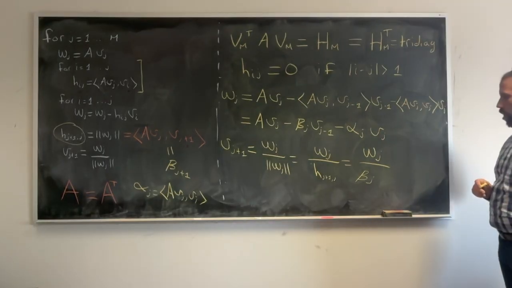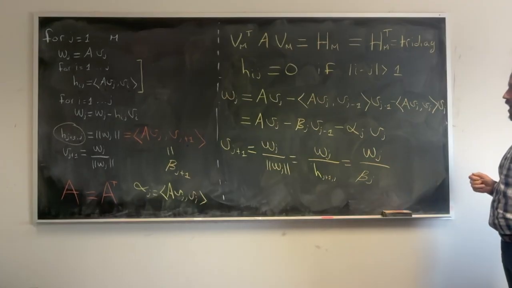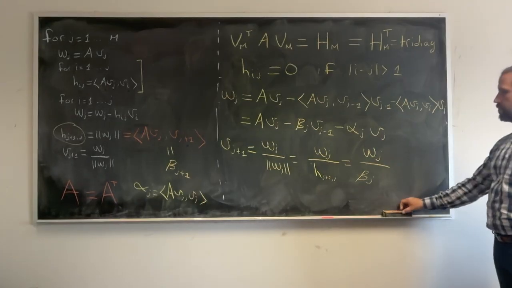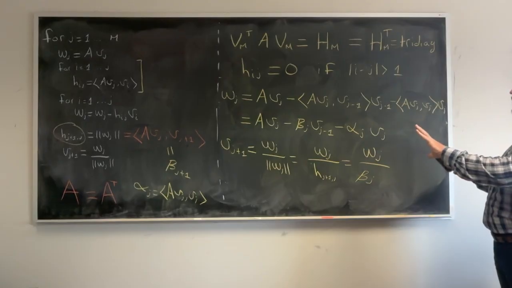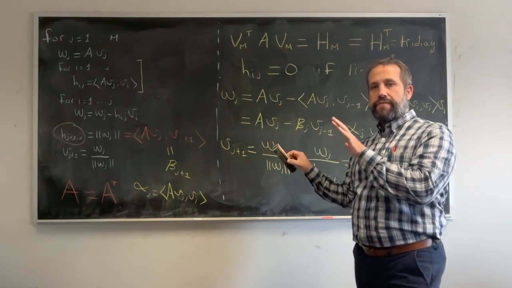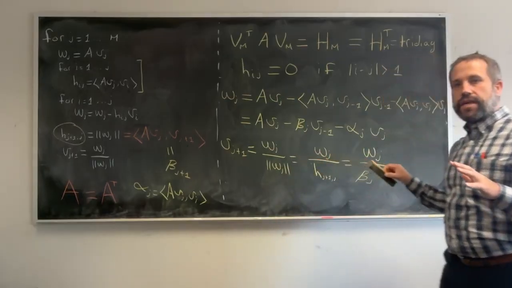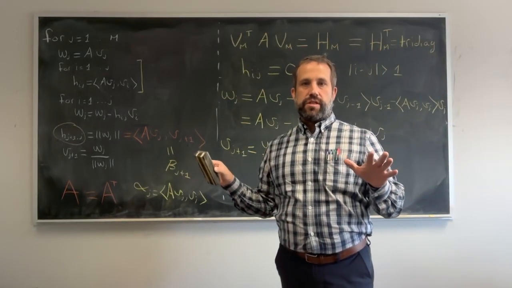So this now gives us basically the entire Lanczos algorithm. I have expressed everything here in terms of the Arnoldi algorithm, and I've just shown how the assumption that A is symmetric reduces these computations.